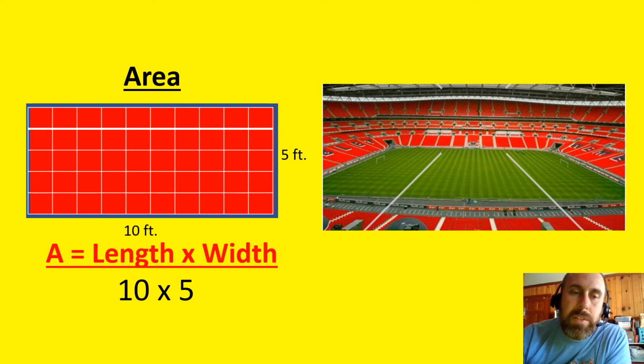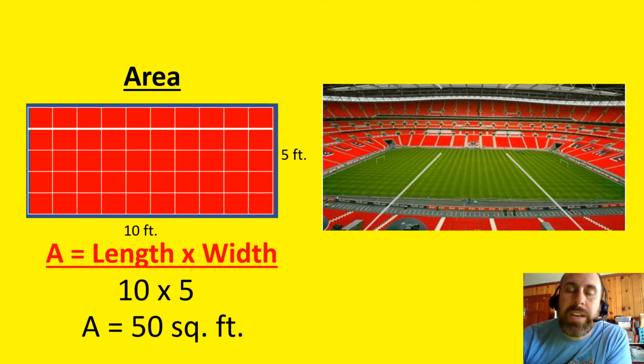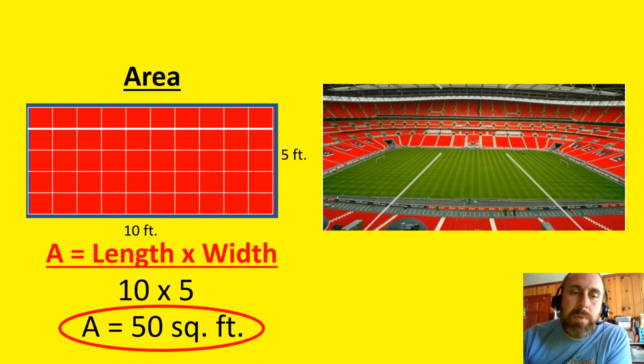We're going to multiply those and we're going to get 50. But remember, when we're dealing with area, we're trying to figure out how many square feet or inches or centimeters or miles fit inside of the figure. So we have 10 times 5, we get 50 square feet. And of course, we always circle our answer.